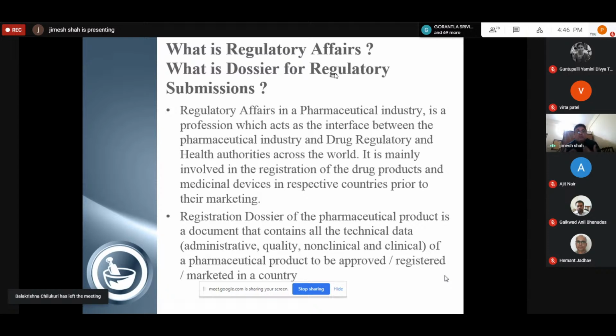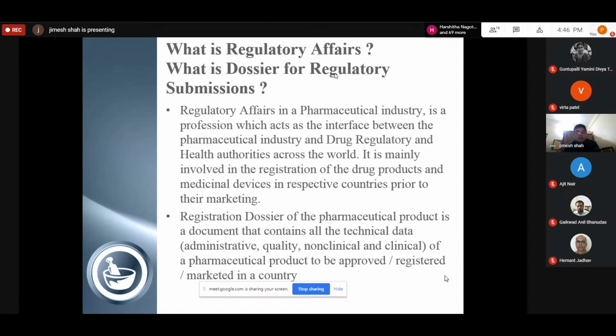It means that if I want to file a product in the US or Europe, I have to follow the guidelines of that particular country. For that, industry should contact that authority and find out which guidance I have to follow. This is what regulatory affairs is exactly doing.